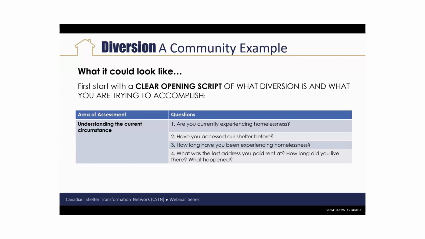We ask these questions because it leads to a conversation. If they're not currently experiencing homelessness, but they're having difficulty with roommates or family, is it a matter of a housing breakdown? Grant, if you want to go to the next slide.